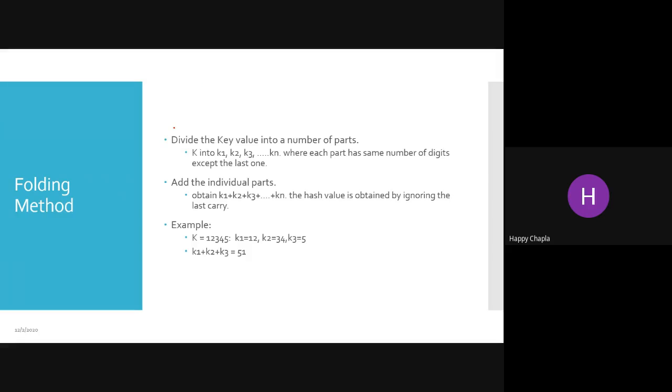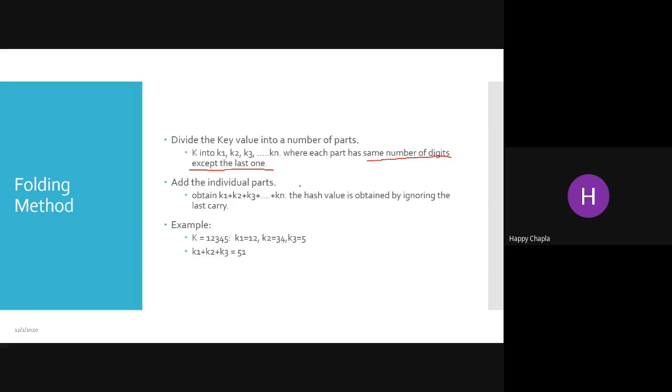Divide the key value into a number of parts, that is K1, K2, K3 up to Kn, the different parts of values. Each part has the same number of digits except the last one.